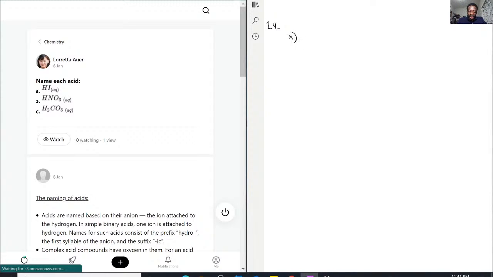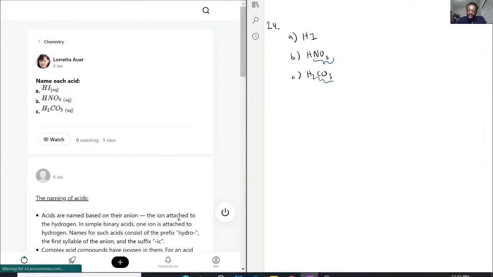So we have A, HI, B, HNO3, and C, H2CO3. For this, they were relatively kind to us, okay? I would go ahead and go with B and C first, because they were kind enough to give us the ates.